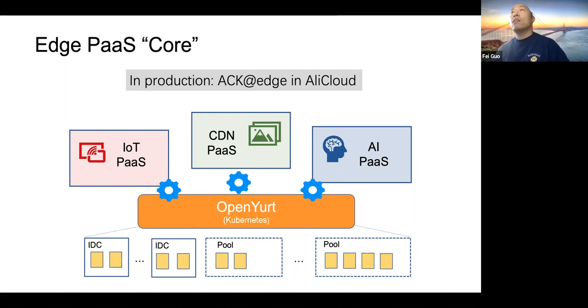Basically, it is a foundation for various edge solutions, like IoT, CDN and AI. All these platforms use OpenYurt to deploy applications in various locations defined by the pools. That's the current major use case of OpenYurt on the cloud side.